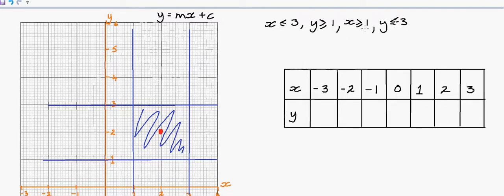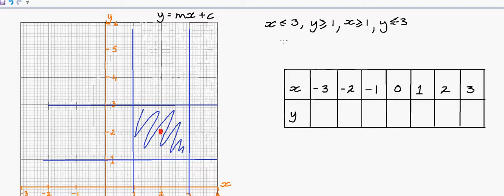Well, 2 is greater than 1. Okay. Here, y is 2. Well, it says y is greater than 1. Well, 2 is greater than 1. And y is less than 3. 2 is less than 3. So you can see that anywhere in here, in this square, it will obey these rules.